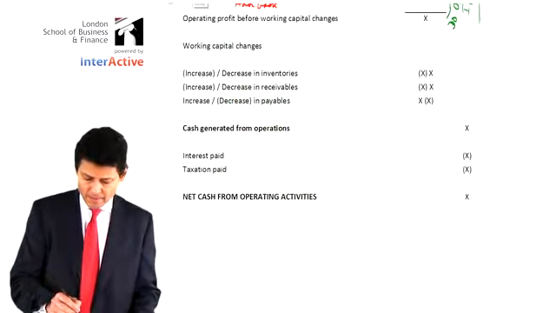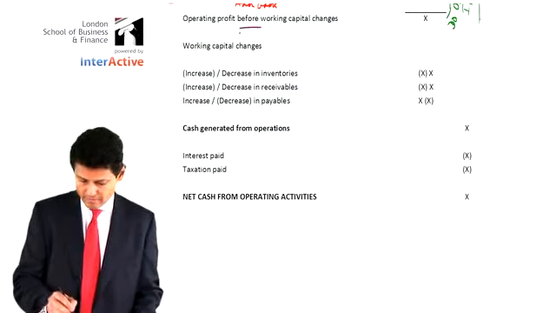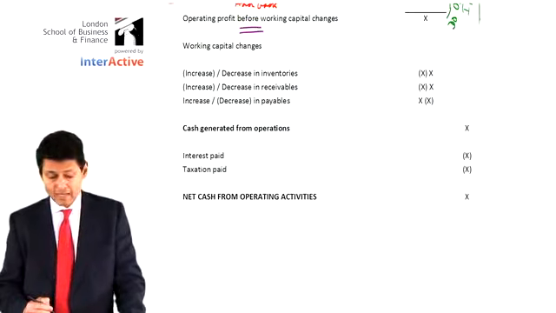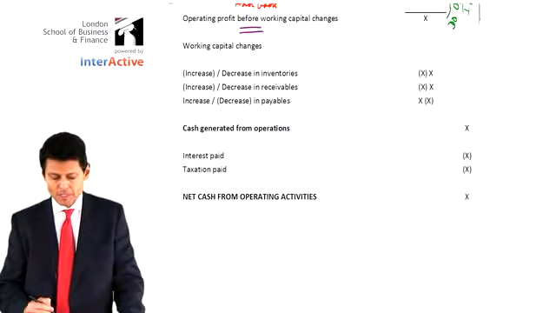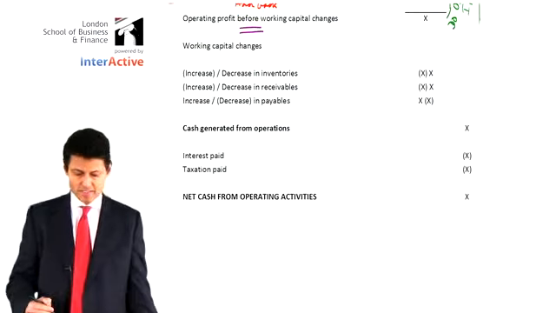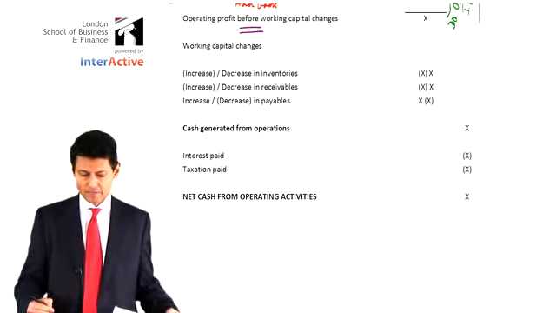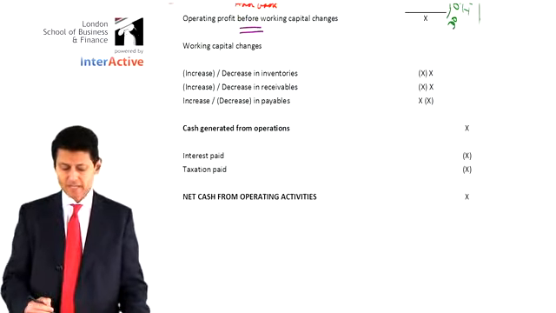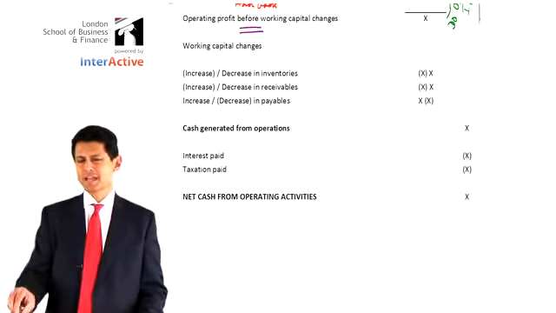Not a compulsory heading, but a nice description all the same. So we come to our working capital changes next. Increase, decrease in inventories. Now, let's start with an increase in inventories. What does that mean?